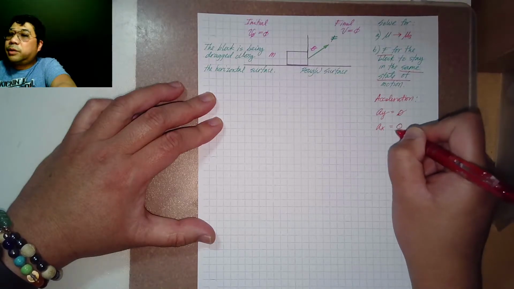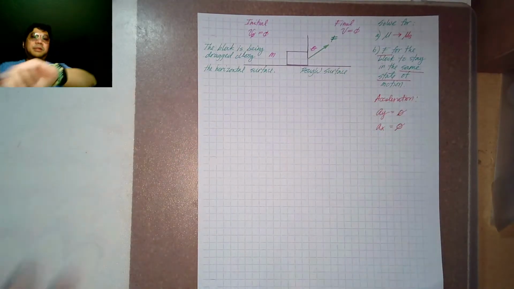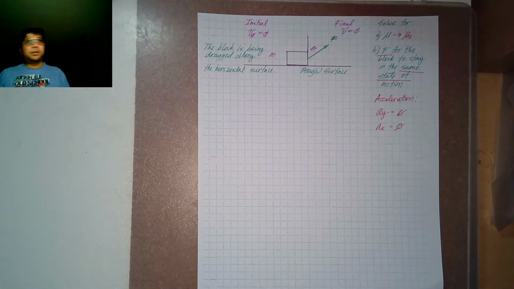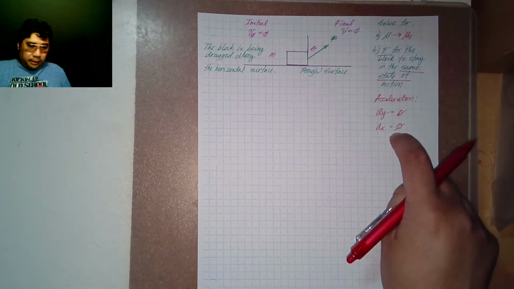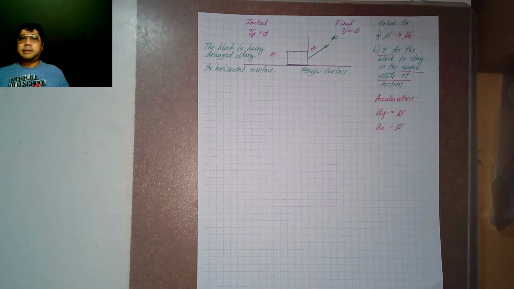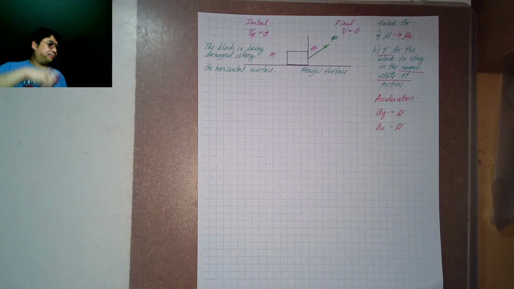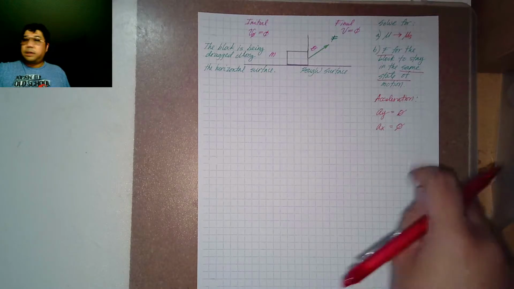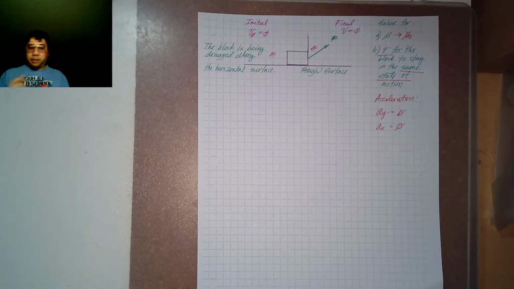And since velocities are constant, we can say that the acceleration along the x-axis is also 0. So acceleration on both axes is 0.